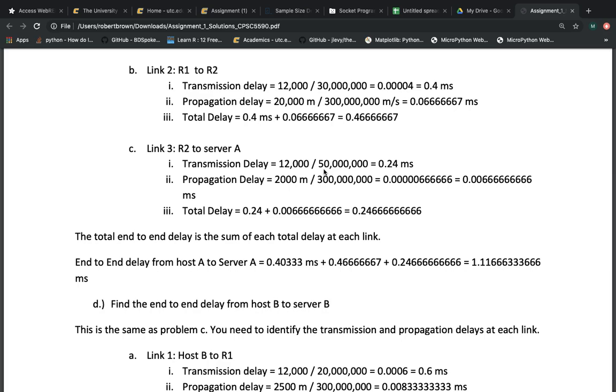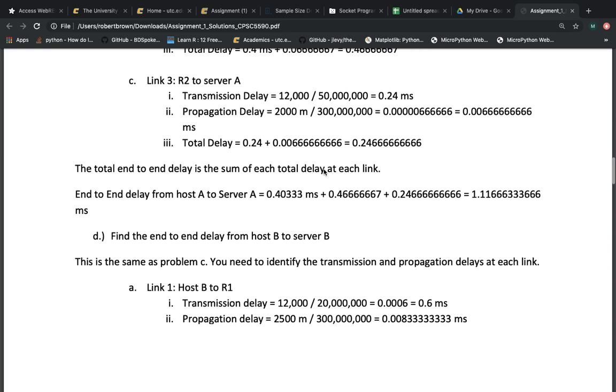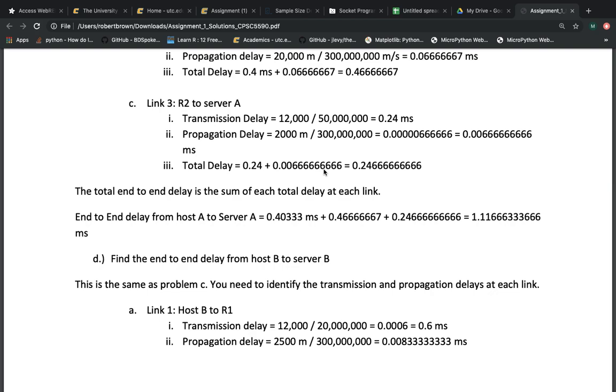0.46666667 milliseconds. I'm going to do the same thing again with link 3, R2 to server A. First, find the transmission delay, which is 0.24 milliseconds. Then I'm going to find the propagation delay, which is 0.00666666666 milliseconds.